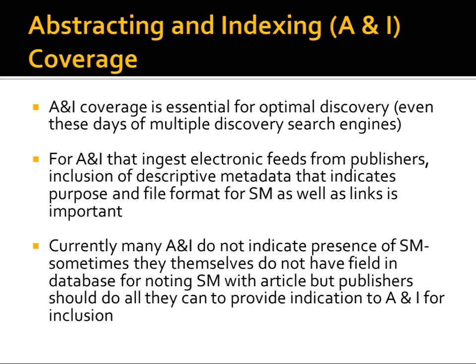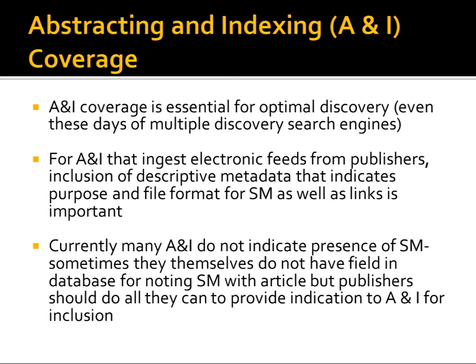Oh, okay. Great. Then A&I coverage is also essential for optimal discovery. Even in these days of multiple discovery search engines, it's still a primary way for a lot of users to find additional materials. They have certain A&I services that they're very attached to and that they consistently go to.